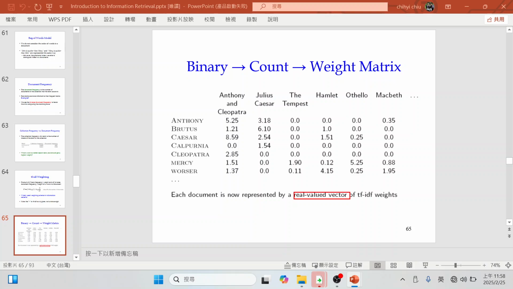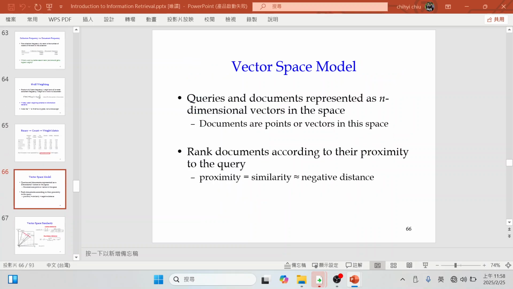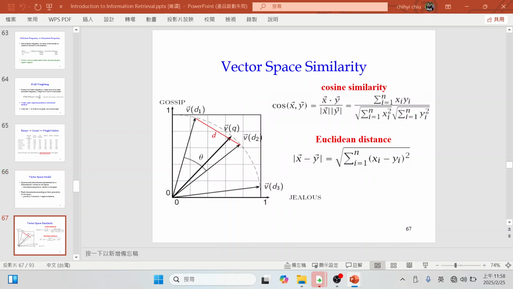Okay, any problems? It's natural to use a vector space model when you represent your queries and documents as n-dimensional vectors. And we can compute the similarity between the query and the documents by using some measurement, for example, the cosine similarity.